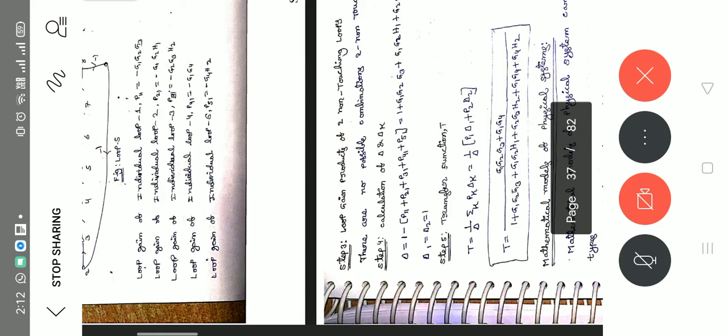Most probably he asks the block diagram reduction technique only. You can verify the block diagram reduction answer using the signal flow graph also. Both are the same, the answer is the same. We can easily do the signal flow graph, so we can verify the answer with it.